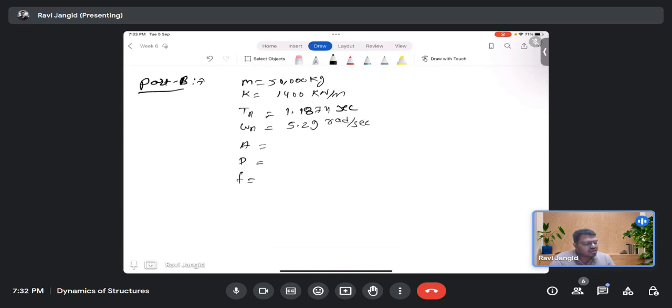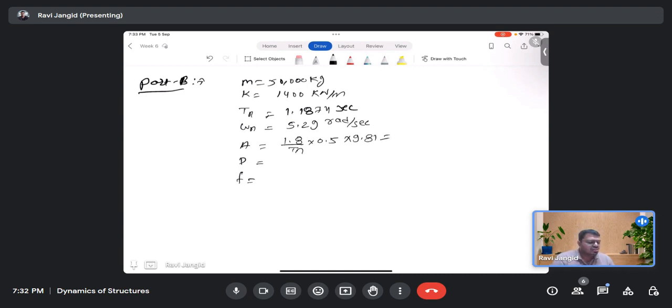So corresponding to 1.18, that will also be the same 1.8 divided by Tn, and for the scale down you need to multiply with 0.5, into g, 9.81.